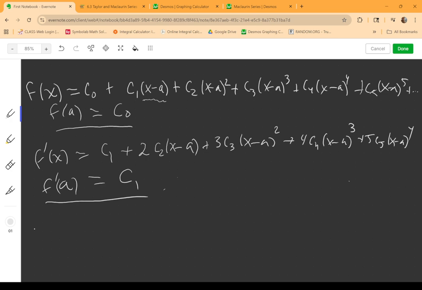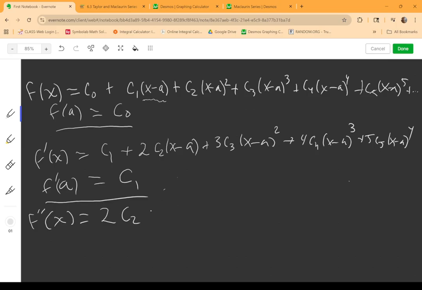Let's keep going until we see a pattern arise. So f double prime of x. The first term is the constant, so that goes to 0. The next term, x minus a goes to 1, but we're left now with 2 c2.